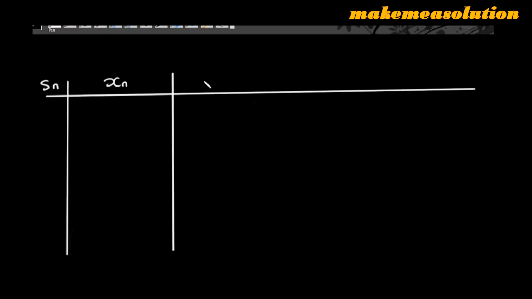The first column is going to be labeled SN. Then the second column is going to be labeled X subscript N. Then the next column is going to be labeled F of XN. Then the next one is going to be labeled F prime of XN.